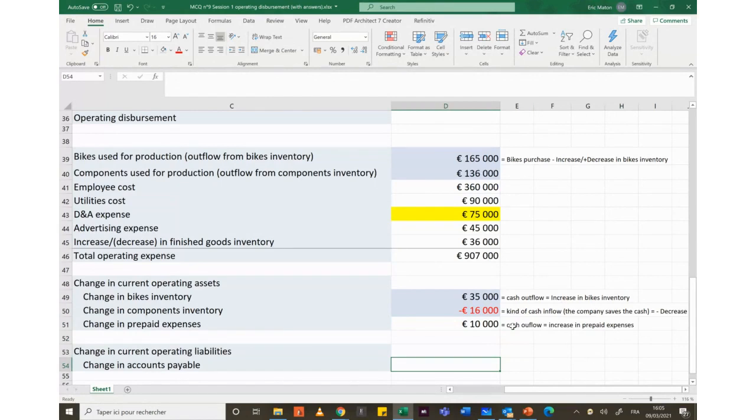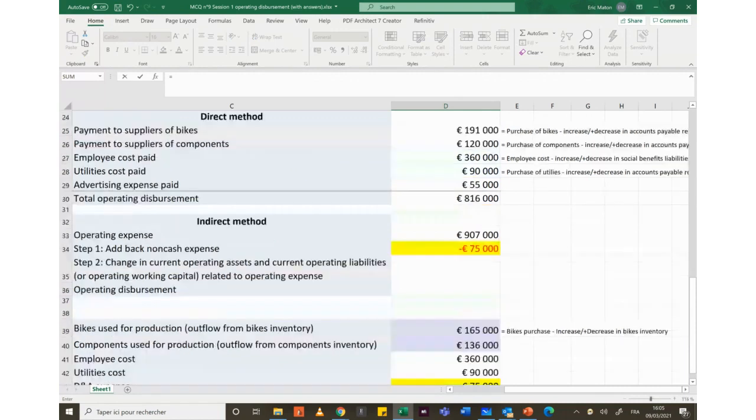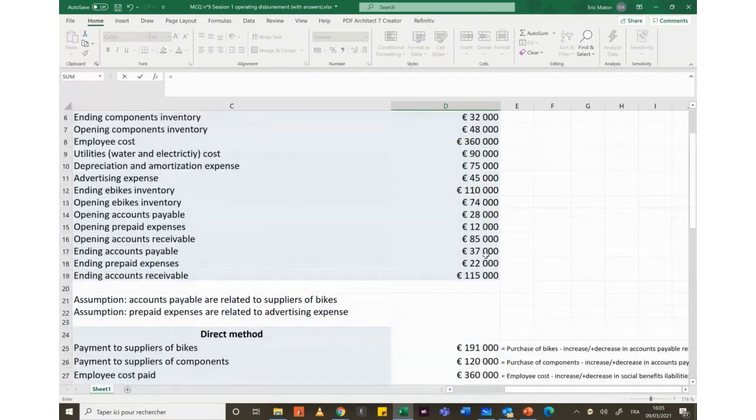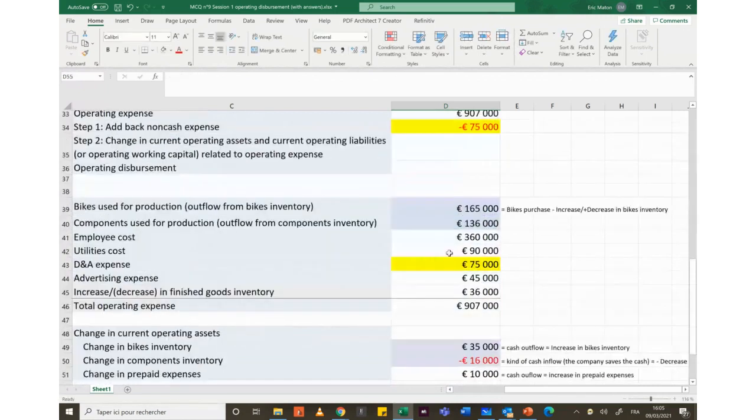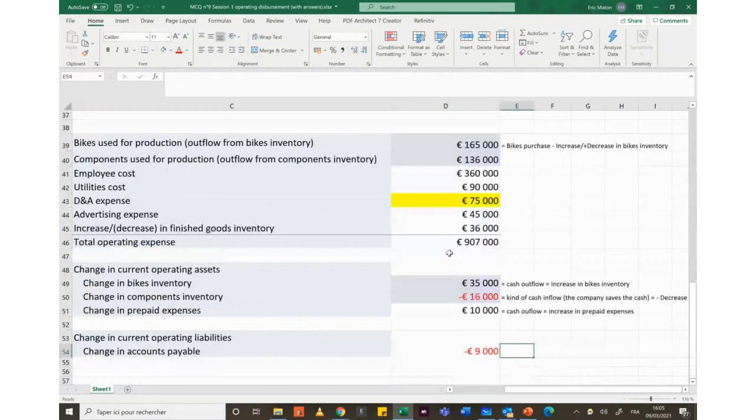So it should be negative when you increase. So we do opening minus ending. So accounts payable, opening minus ending. So because we increase, we save the cash. So a kind of the same as the previous one, kind of cash inflow, because we have increase in accounts payable.